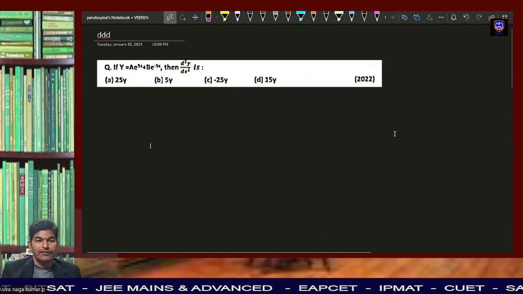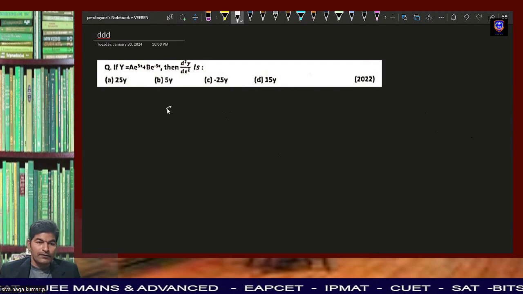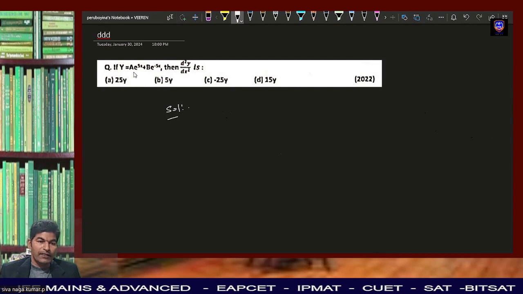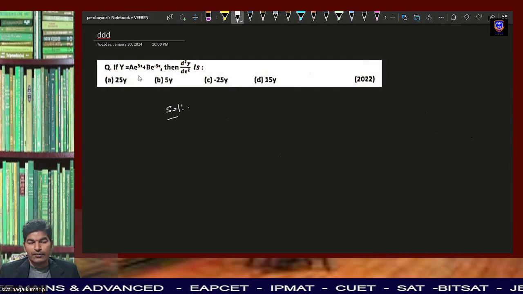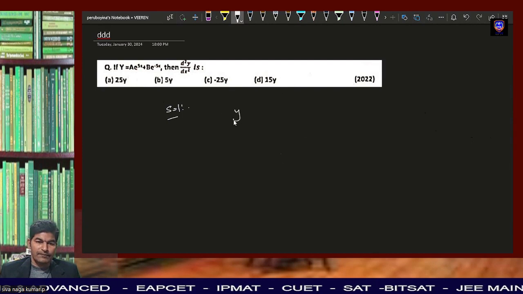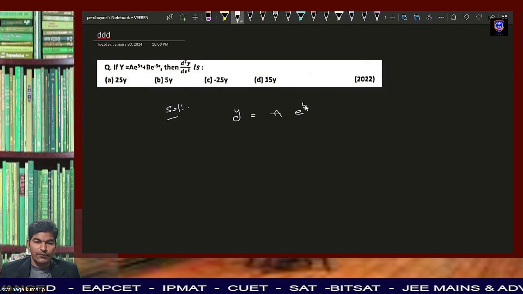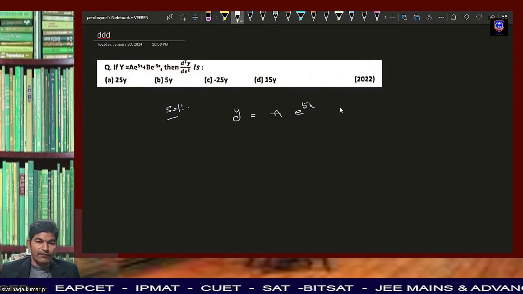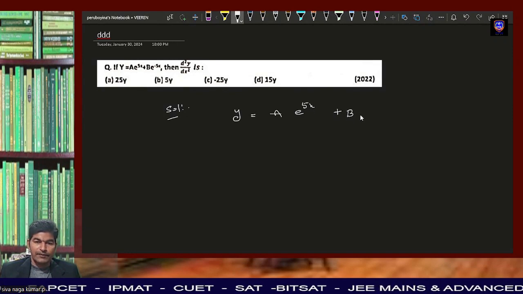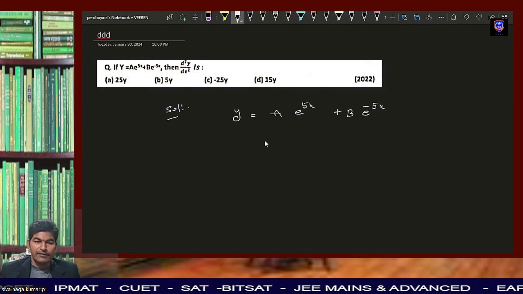So look at the first question, what it says. y is equal to a into e power 5x plus b into e power minus 5x.